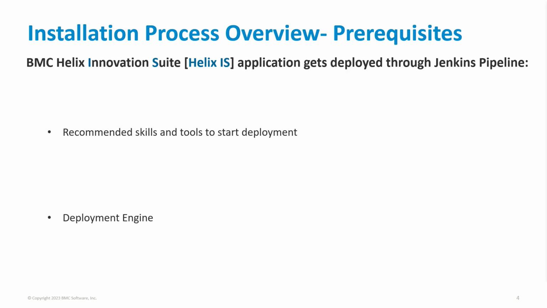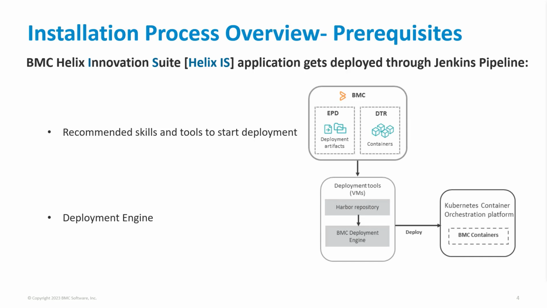So as we know, for the installation, you need to set up your deployment engine, which is a very easy task, but it needs to be done for the Jenkins setup. This deployment engine is a deployment tool that is used to deploy, upgrade, patch, and manage your configurations of BMC Helix Innovation Suite in your environment.